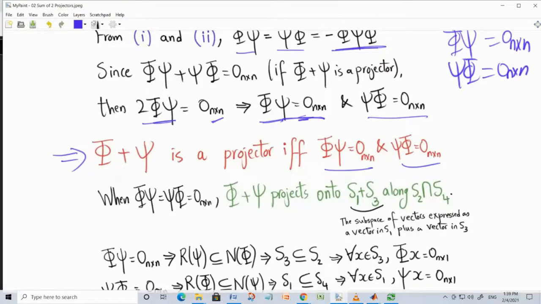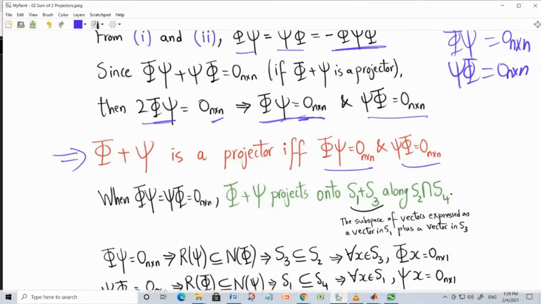But once you hear the word projector, a question comes to mind. What is the range of this projector, and what is its null space? In other words, it's a projector onto what subspace, along what subspace? So this is the question: projector onto what and along what?